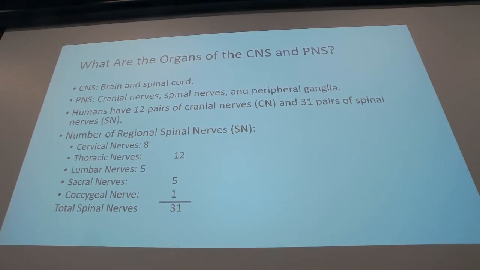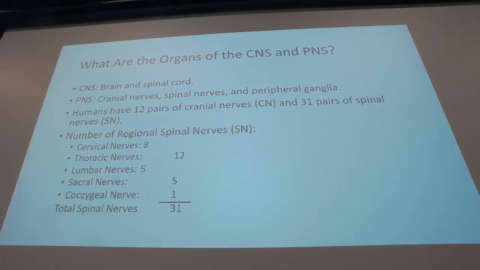So how many cranial nerves do we have? 12 pairs. And usually you abbreviate cranial nerves as CN. And then we have 31 pairs of spinal nerves, or SN. Now, for spinal nerves, this is the subdivision by region.